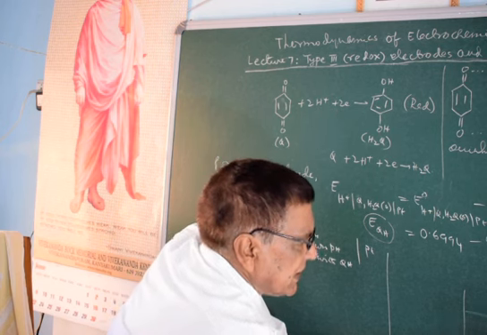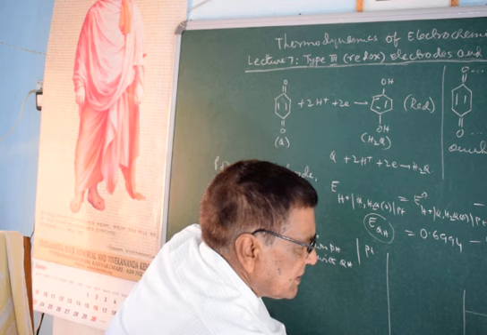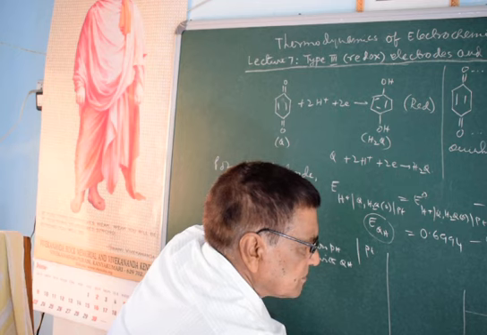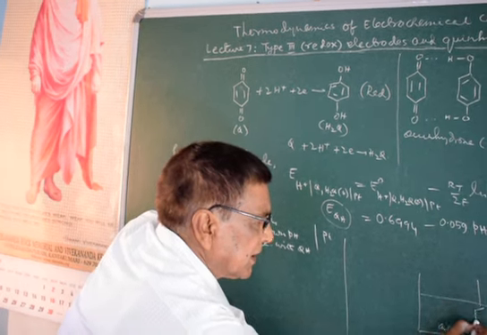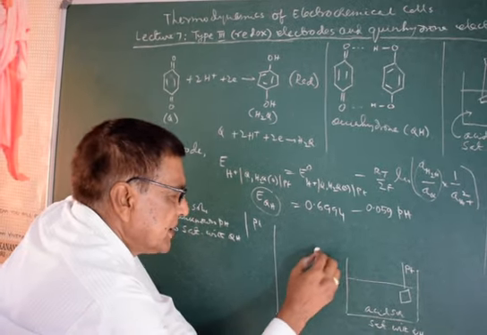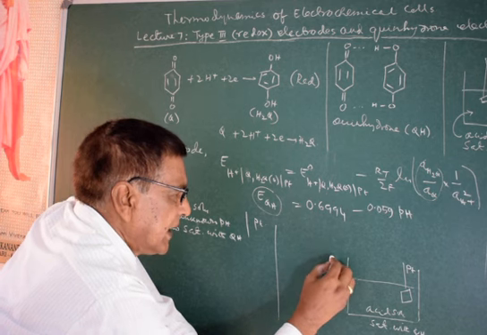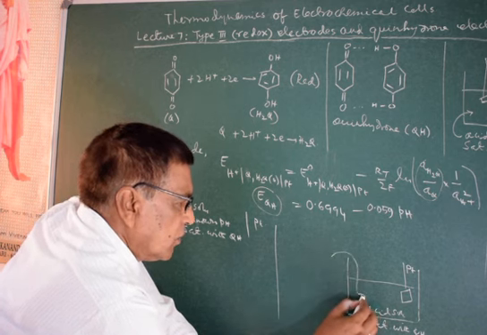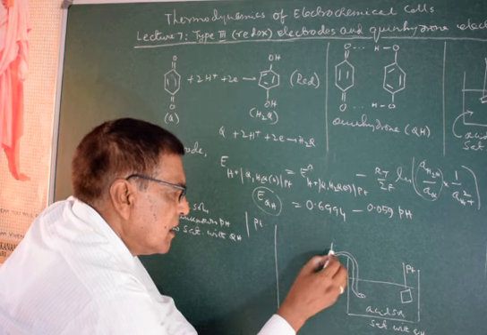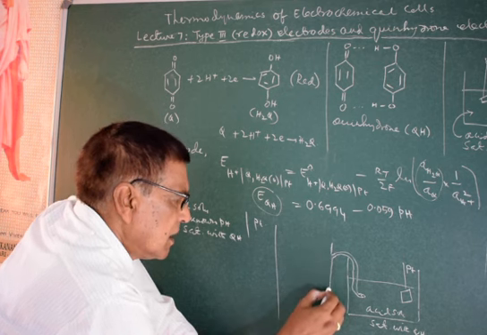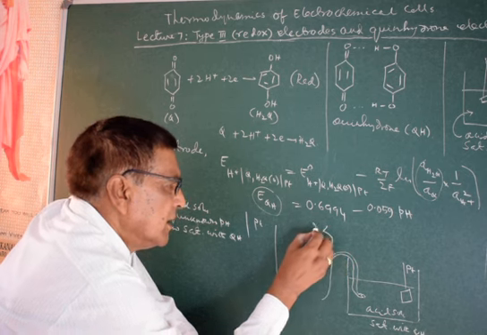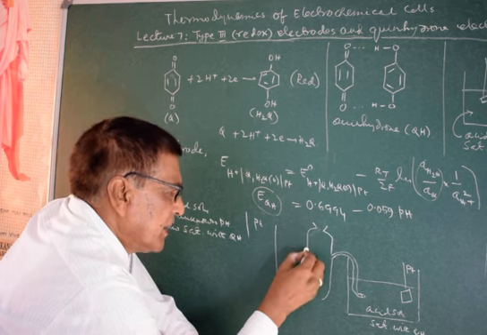Here it is the acid solution saturated with quinhydron, here the platinum plate is inserted, and here this calomel electrode. In a rough way, I can write this calomel.